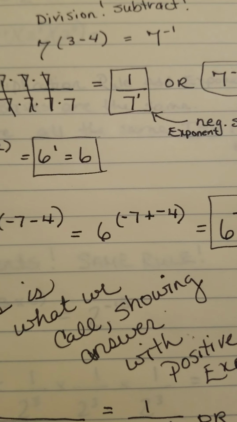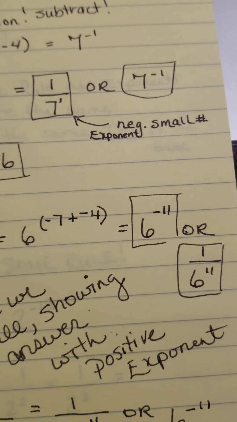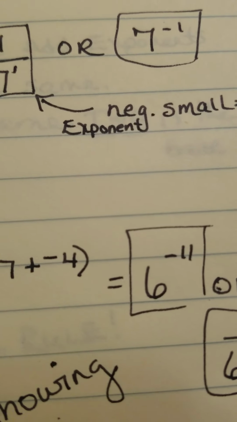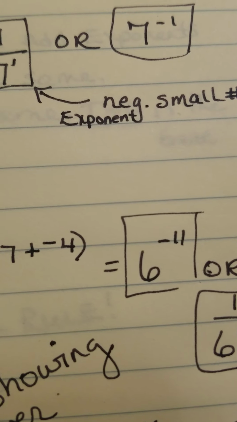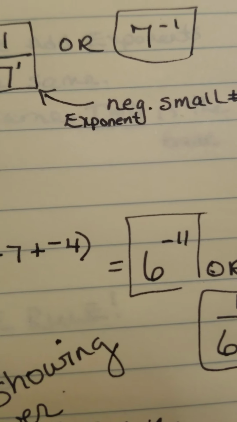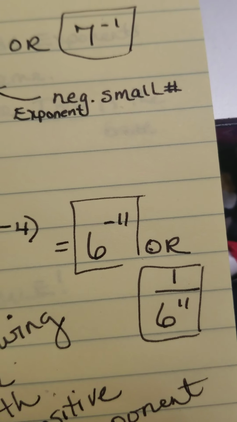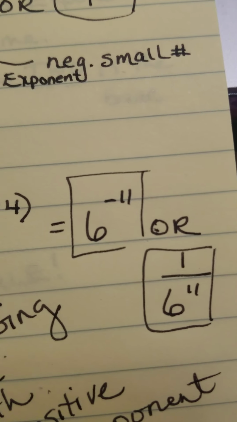So negative 7 plus an additional negative 4 is negative 11. It's a very, very small number. That is an answer, and that is correct, 6 to the negative 11th power. Or if they want it as a positive exponent, we would say 1 over 6 to the 11th.